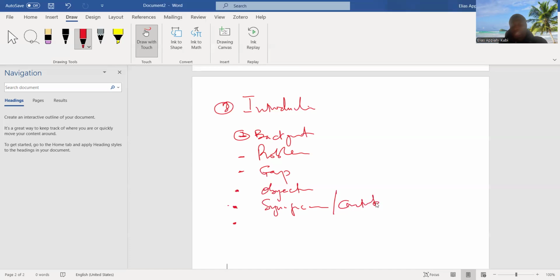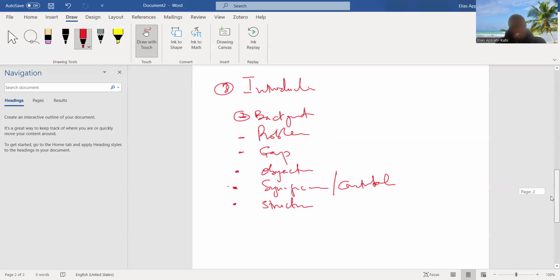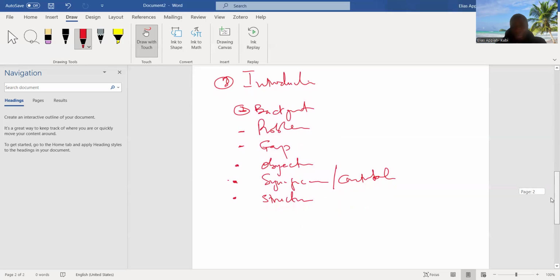Then the last part of the introduction is the structure of the remaining chapters, or sorry, sections, the structure of the remaining sections. So these are the issues to cover as part of the introduction. Okay, so you will take a full topic and I will deal with all these issues.